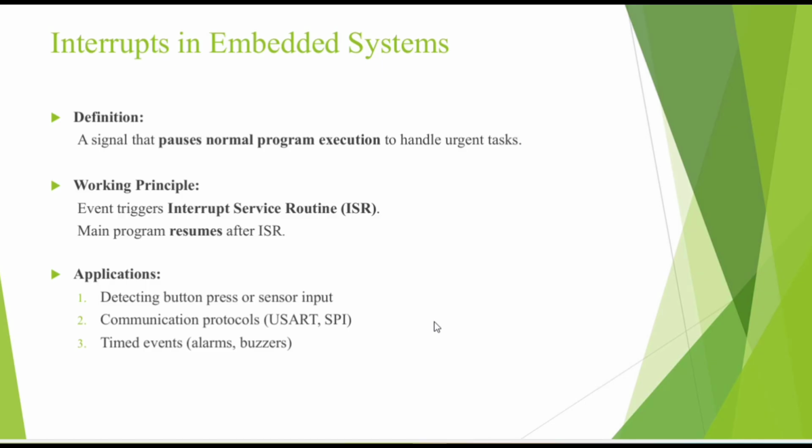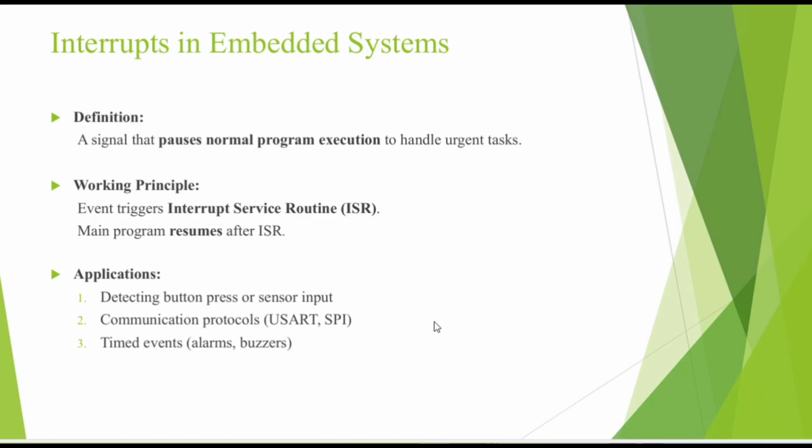Basically, interrupts in embedded systems are like a notification for the microcontroller. Like, hey, something is happening, handle it. So what are interrupts? A signal to the CPU that an event has occurred. The CPU stops the current task and jumps to the ISR, which is the interrupt service routine.